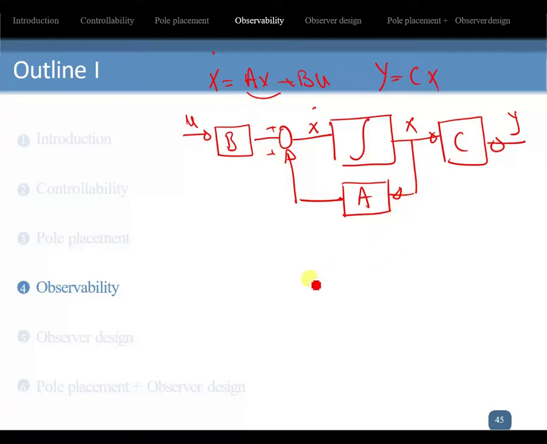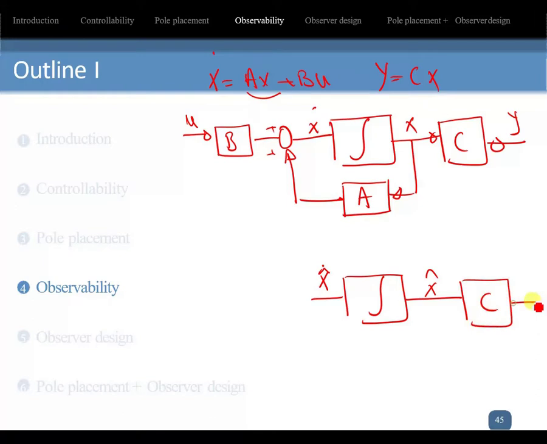Observable means you estimate x. I can set x hat. For x hat, you take the integration, and here it becomes x hat. You multiply by the matrix C because I want to find the output. x hat dot equals A x hat(t) plus Bu(t), with the same input, and I add something here to correct my system.